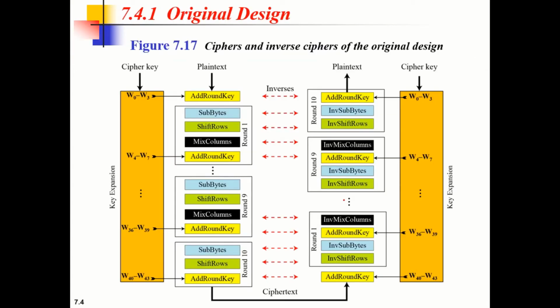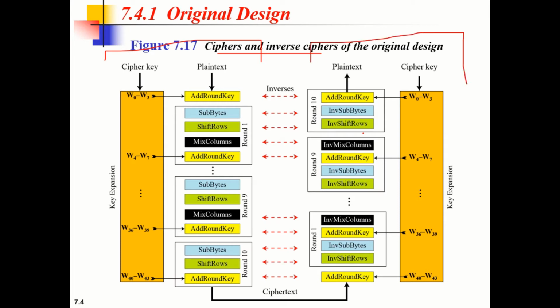So that is the whole design of AES, which shows the ciphering and inverse ciphering, the encryption part as well as the decryption part. This one is the encryption part and this one is the decryption part.